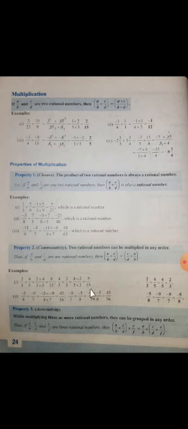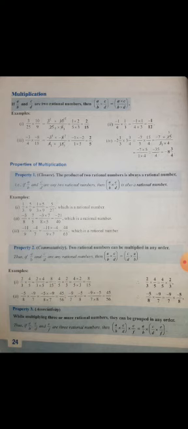So in the commutative property, the products of the two rational numbers are equal. And what does the commutative property mean? If we multiply two rational numbers, their product, and after interchanging the rational numbers, their product, both are the same.